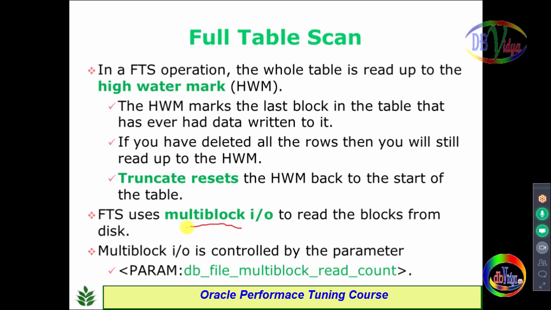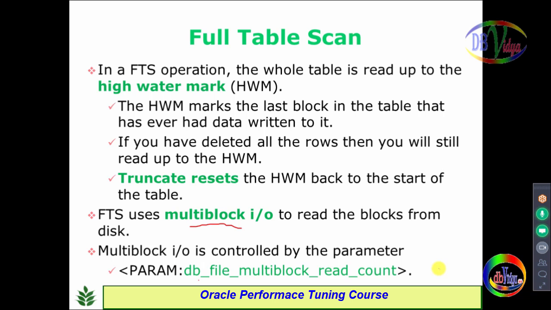So, how to make full table scans faster? Sometimes we can't avoid full table scan, but can we make it faster? Yes. There is a parameter called db_file_multiblock_read_count. If you set it to 16, then in one IO, 16 blocks are brought. If you set it to 32, always it should be 2 power n, then 32 blocks are brought.